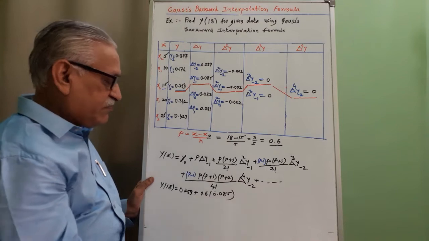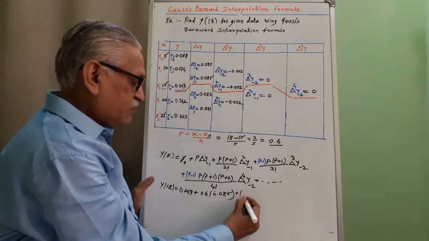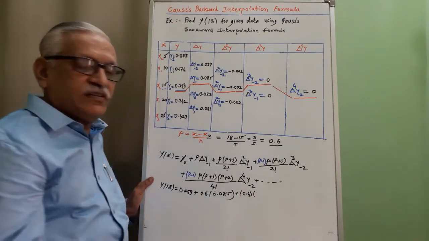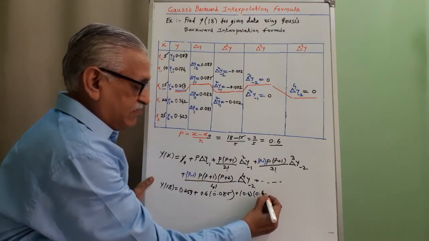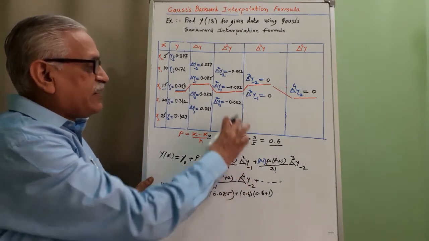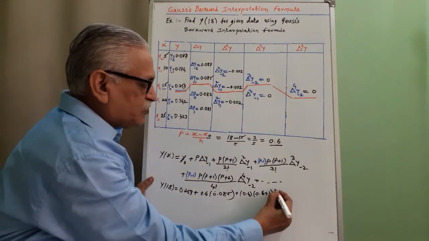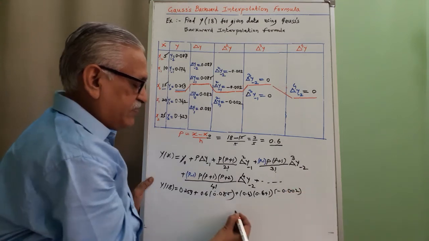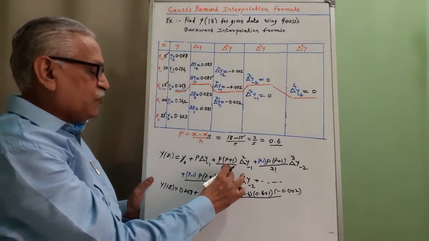Then next, p into p plus 1, p is 0.6, 0.6 plus 1, multiplied by del square y minus 1. The value of del square y minus 1 is minus 0.002, divided by 2 factorial.